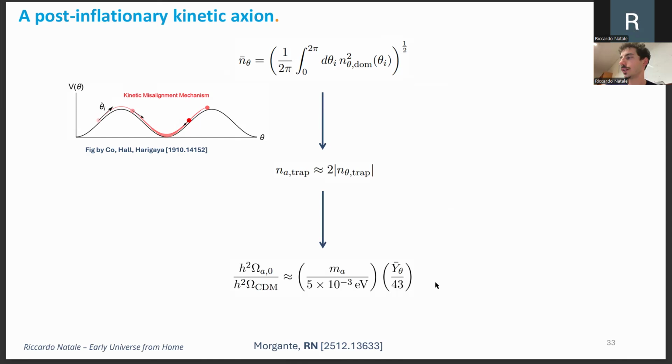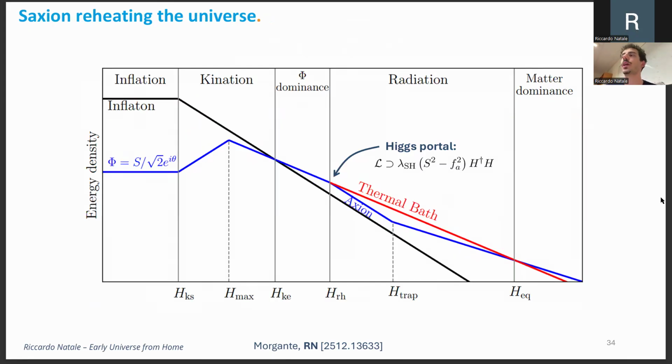Here, I just express it with a dependence on the average axion yield, which will depend on the scenario we consider for our cosmology. So in our paper, we take into account two possible scenarios. The first one is the one in which the axion is responsible for the reheating of the universe.